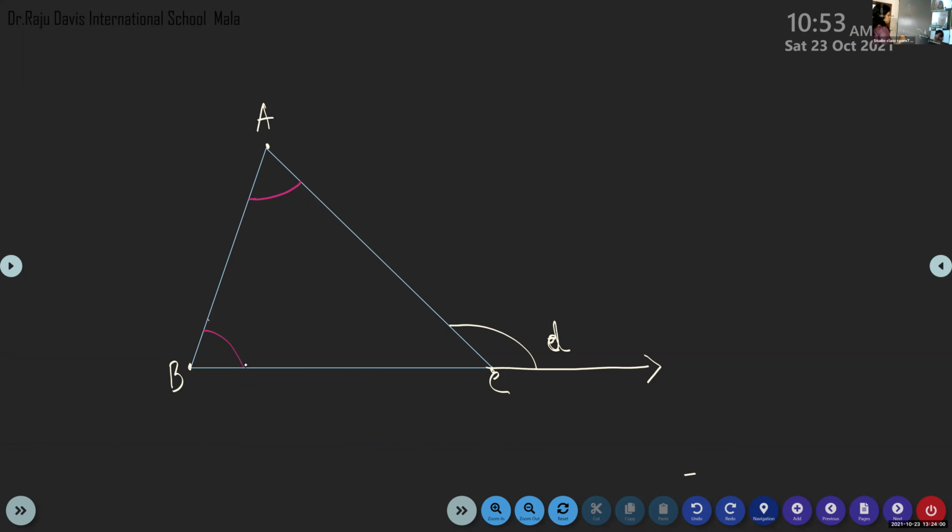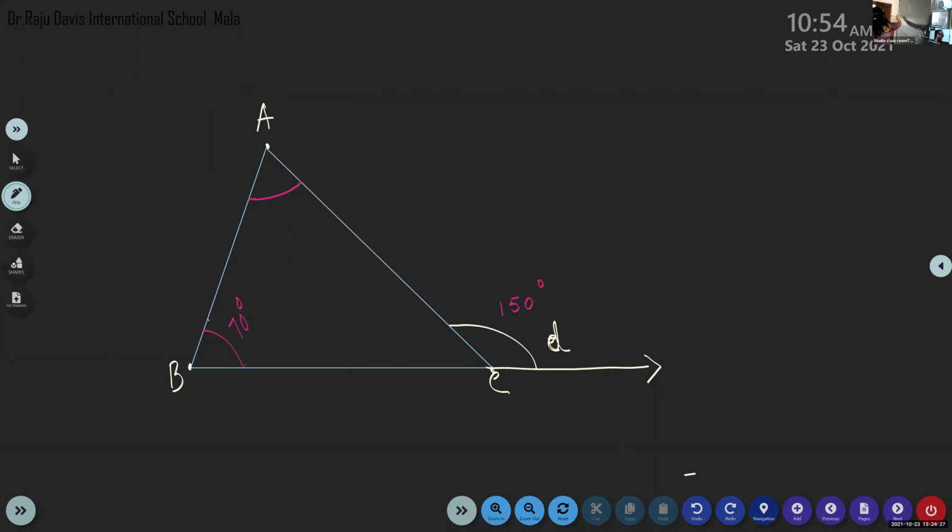Suppose I am giving this angle as 150 degrees in total. What can you say if this angle is around 70 degrees? What will you say about the other angle?